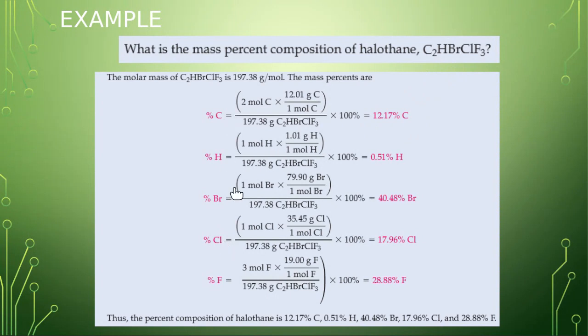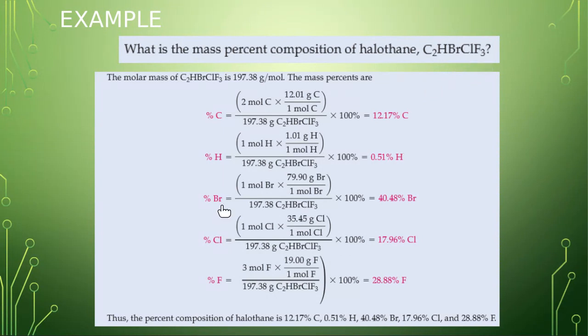For all of these atoms, do the same thing, only you have to be careful here. How many carbon atoms in that halothane, how many hydrogen, how many bromine, how many chlorine, and how many fluorine atoms you have.